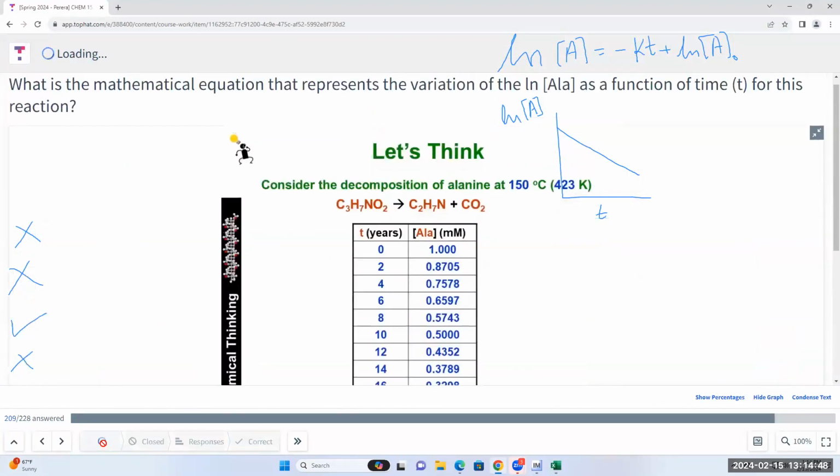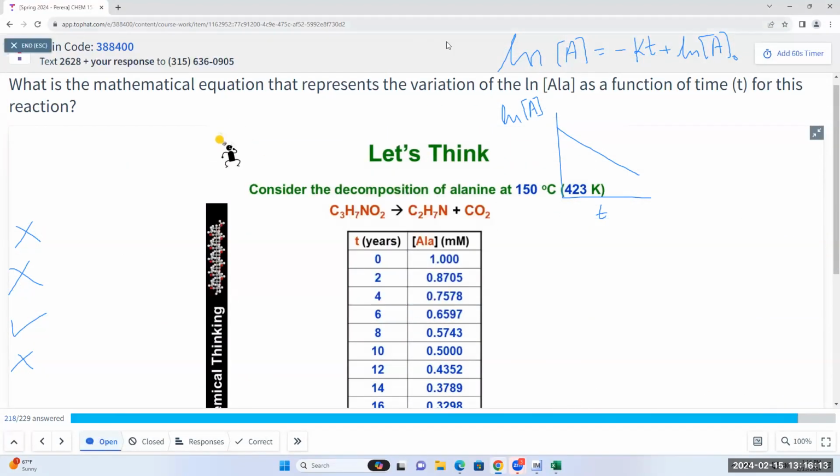All right. What questions, concerns, comments do we have? So we know our slope is negative. Here's my slope. It's a negative slope. And the slope is equal to negative rate constant. Therefore, what's the rate constant for this reaction?